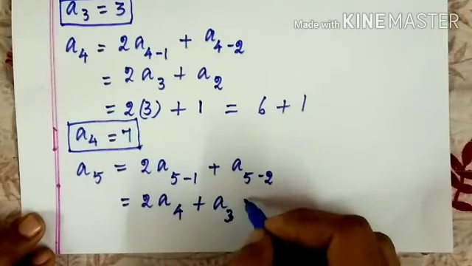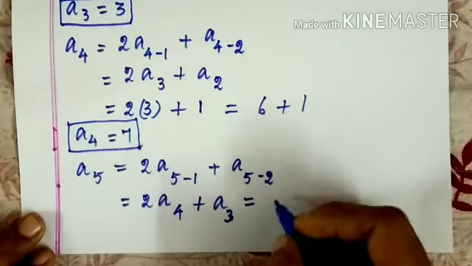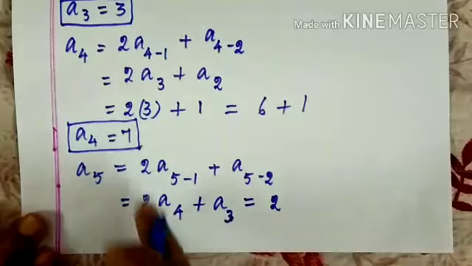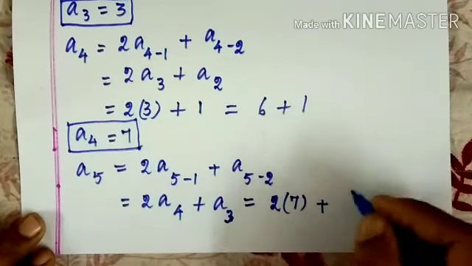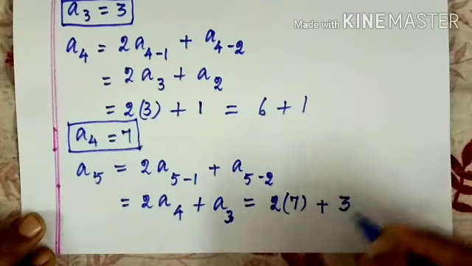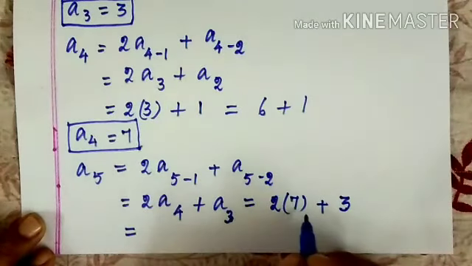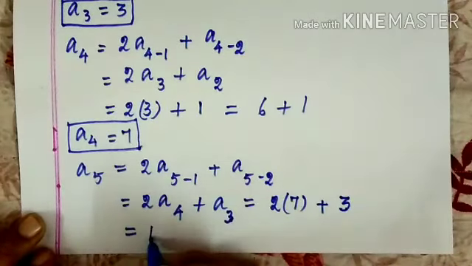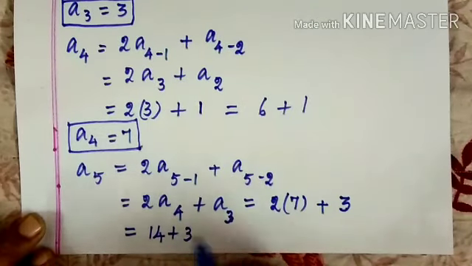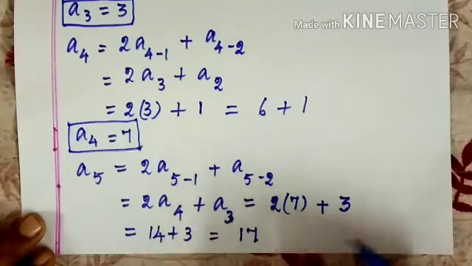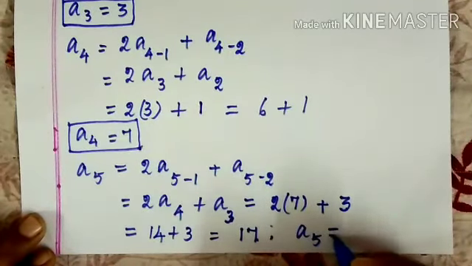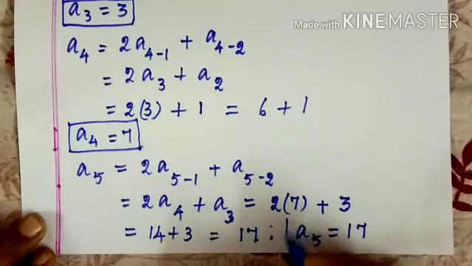Now you have to apply the previous steps value, that is 2 into A4 value 7 plus A3 value 3. Simplify this means we get 14 plus 3, that is equal to 17. Therefore the value of A5 is equal to 17.